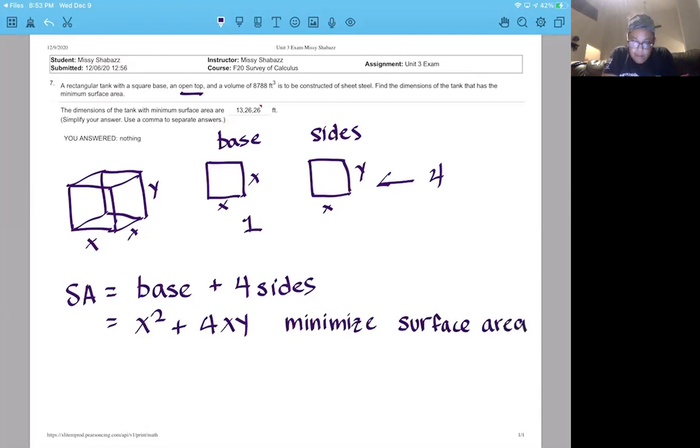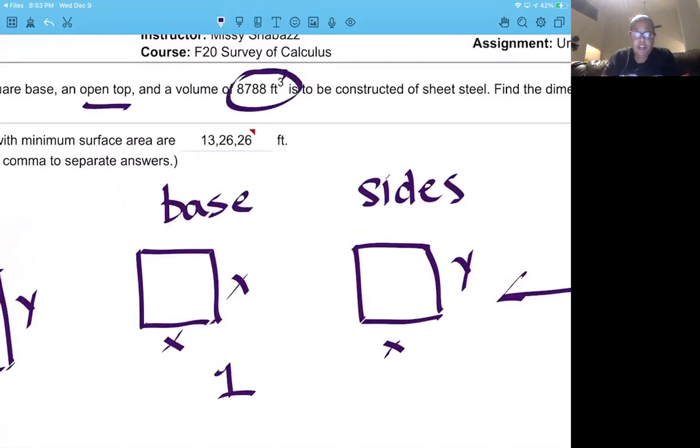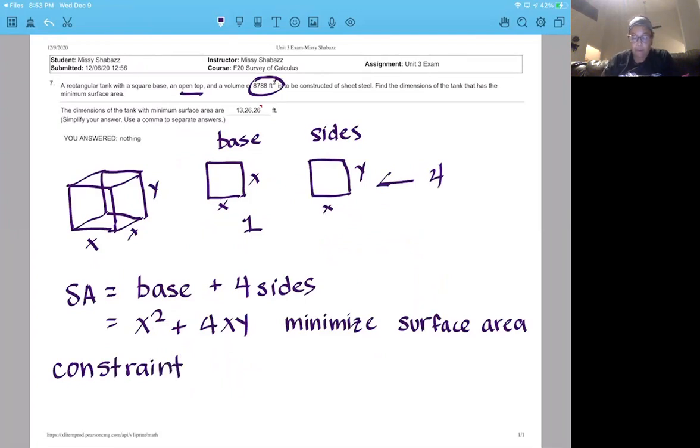All right, they tell me that the volume is 8,788. So that is going to be my constraint, because right now my primary function has 2 variables. So my volume is length times width times height. 2 of those are x's, 1 is y, and that equals 8,788.